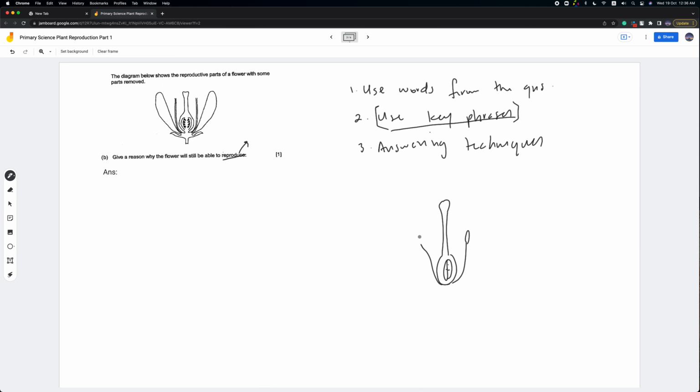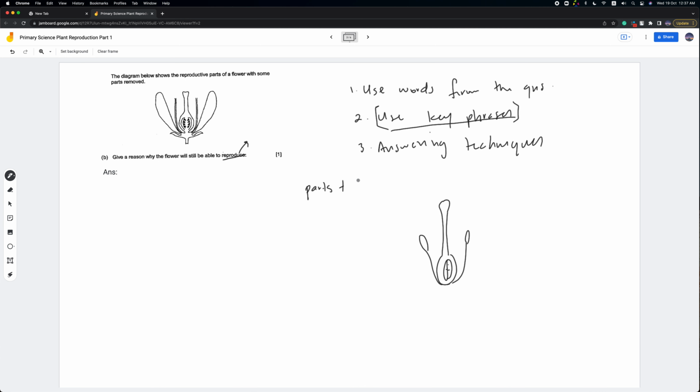In fact, for any topic, if there are parts and functions involved, like cells, please study them carefully. If there are properties or characteristics involved, for example like light, matter, or any other topics, again, what do you need to look out for?